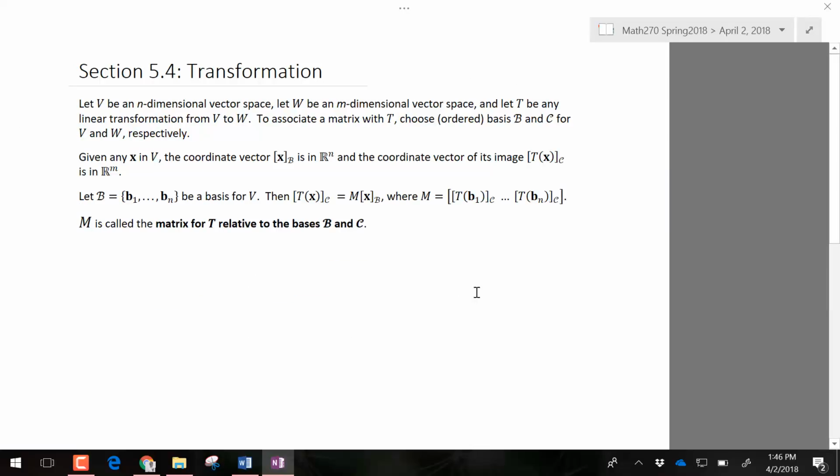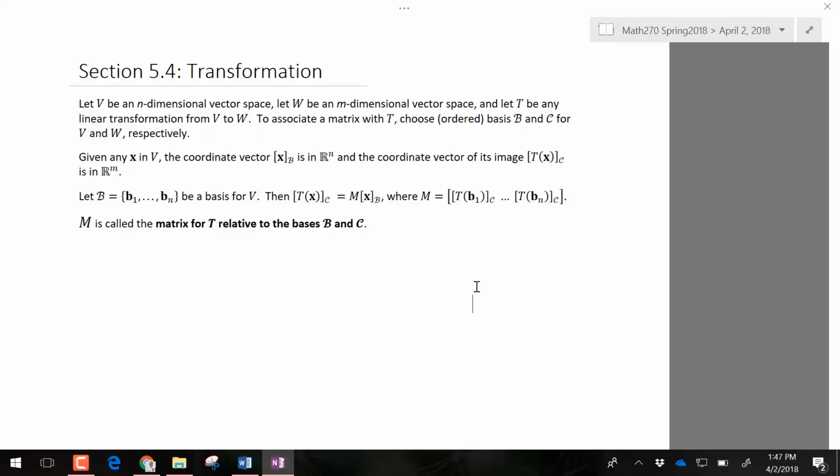All right. Let's see what all this stuff says and what they mean. V is an n-dimensional vector space, and W is an m-dimensional vector space. So this is going back to the idea of a general vector space. And then T is a linear transformation from V to W. To associate the matrix with T, we choose ordered bases B and C for V and W respectively.